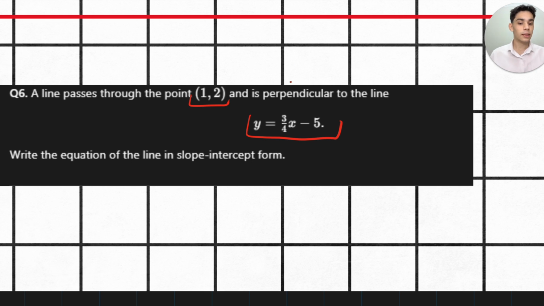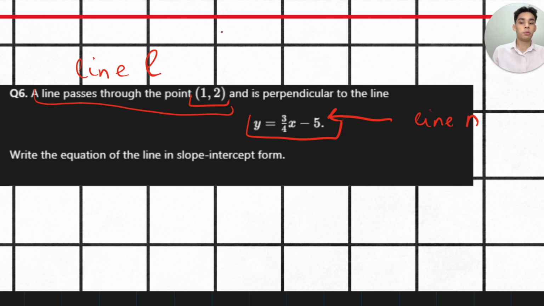The next thing we need to do is, because we are told that, let's call this line L, and we have another line, which is our second line, let's call it line N. We are told that line L and line N are perpendicular.